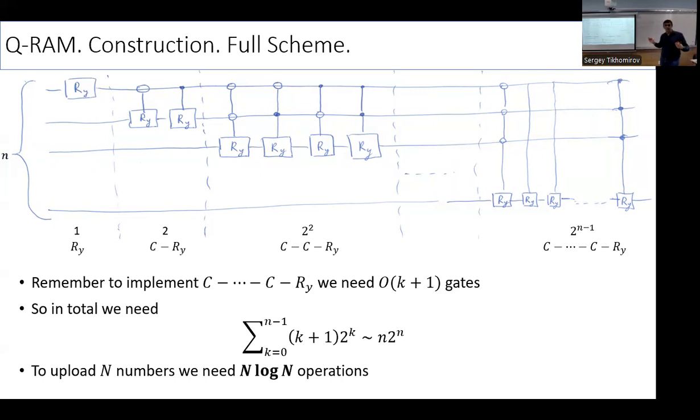So the total number of operations would be N log N plus log N squared, which is just O of N log N. This is the thing on which I would like to stress attention. In the quantum world, sometimes uploading of numbers takes more time than the operations which you do afterwards.